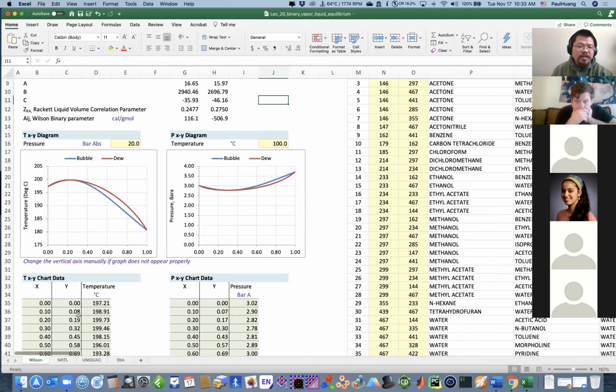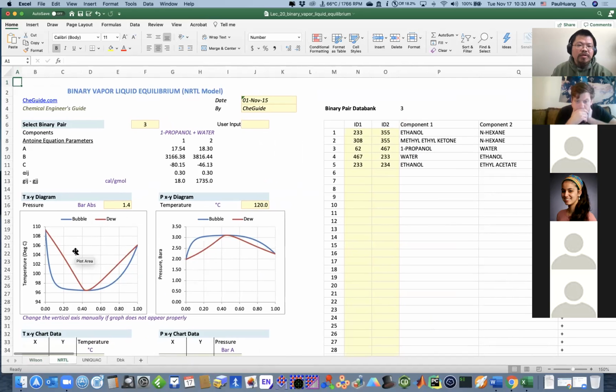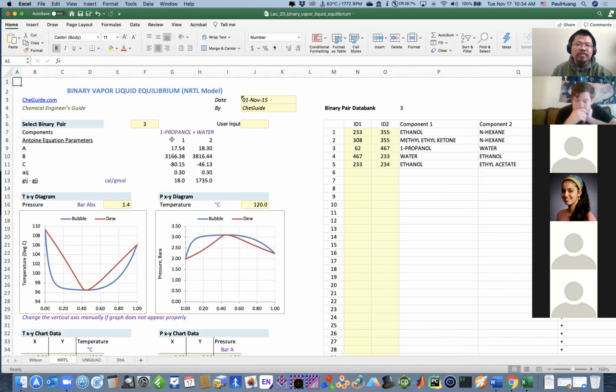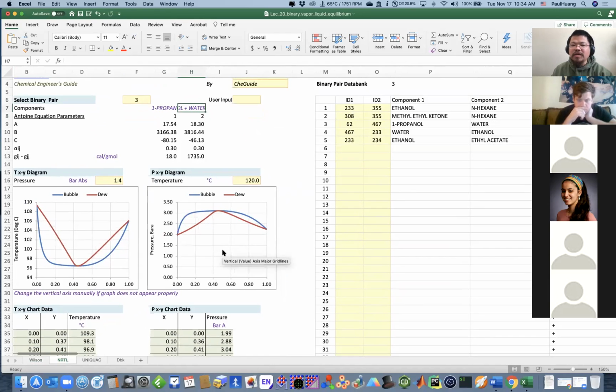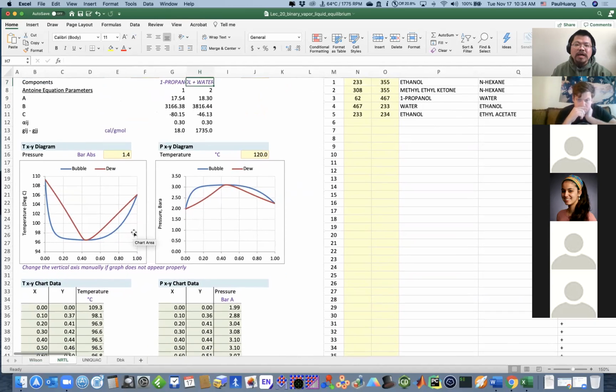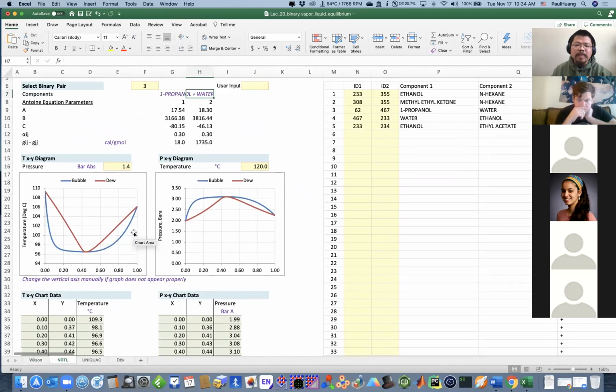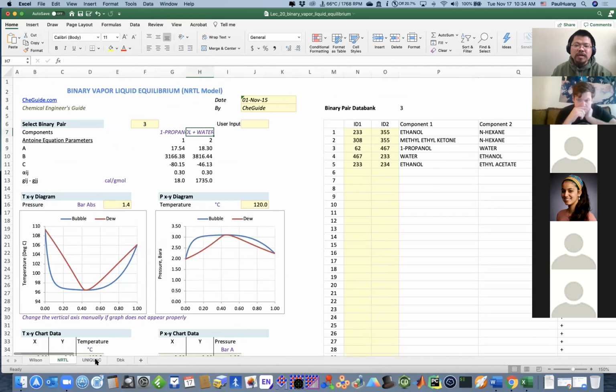Anyway. So moving to the other model, it's exactly the same. You are able to pick what would be the component, and using the NRTL model, how you are going to construct the TXY diagram. And that's indeed what I had in the slides as a screenshot. Okay.